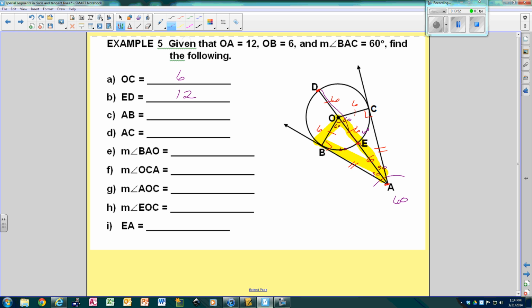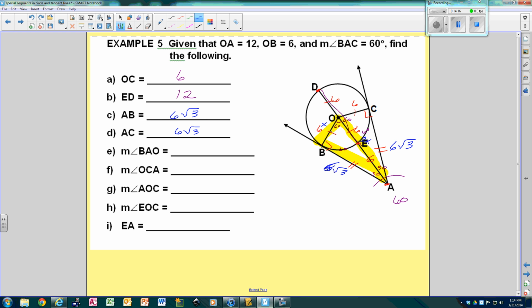So it's a 30, 60, 90. Remember the rules on 30, 60, 90. This side is x, the hypotenuse is 2x, and this side is x square root of 3. Since x is 6, this side is 6 square root of 3, and so is that one. So AB is 6 square root of 3, and so is AC.